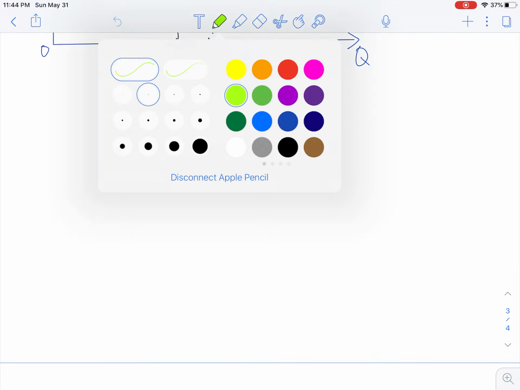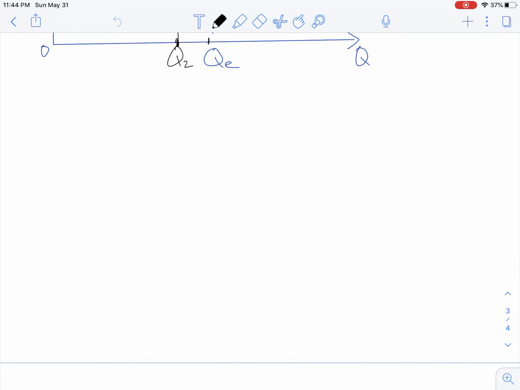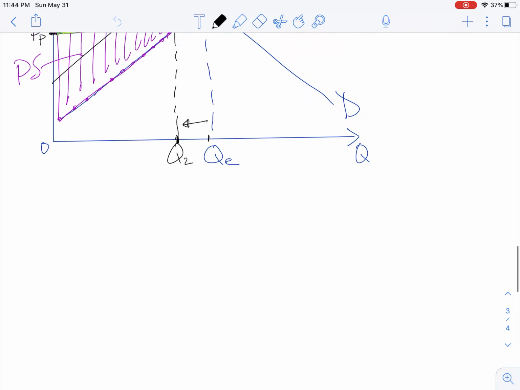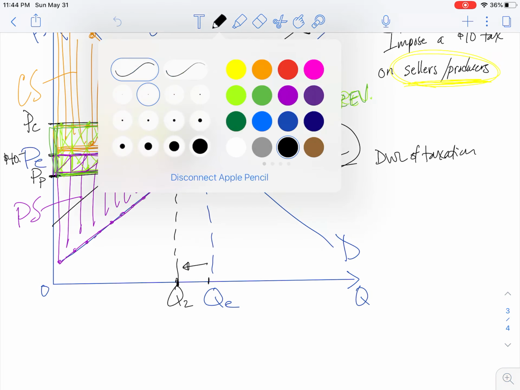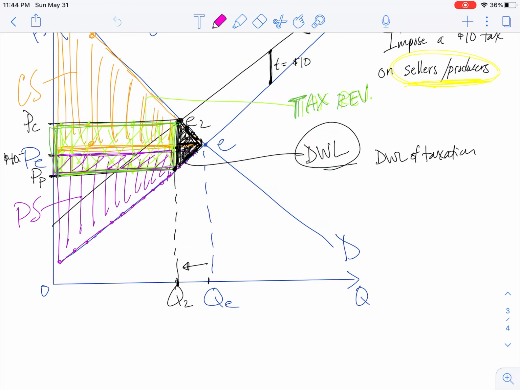Either way, you end up with a tax revenue box that is the same, right? And that is carved partially out of consumer surplus and partially out of producer surplus. So again, let me just sketch it in on top of this one.